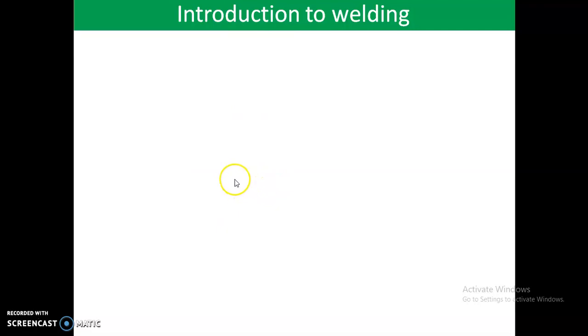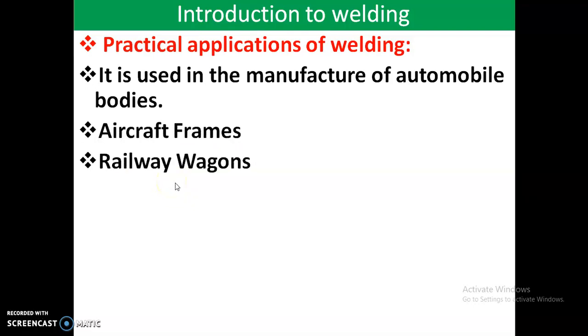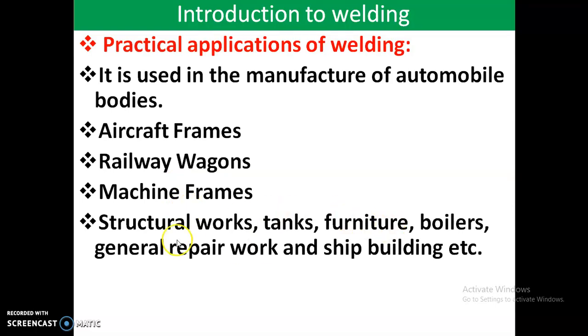Welding processes are used in the manufacturing of automobile bodies, in the manufacturing of aircraft frames, in the manufacturing of railway wagons, in the manufacturing of machine frames and structural works, tanks, furniture, boilers, general repair work and shipbuilding, etc. So these are the practical applications of the welding process.